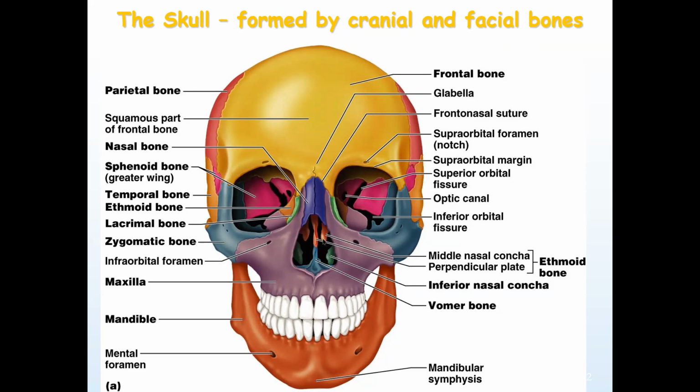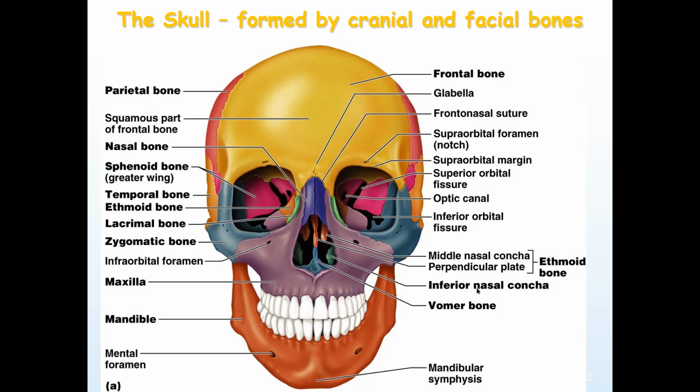Obviously, this is where your nose would be. It's been removed, of course. And this one here comes up and meets the ethmoid bone here. And then on either side now, these are where your nostrils will be. And this bone here now separates the nostrils into two, the vomer bone and the ethmoid bone, right?